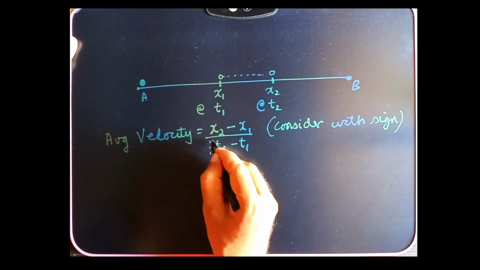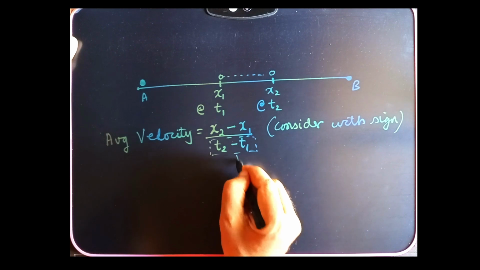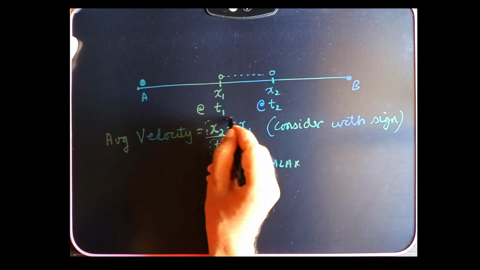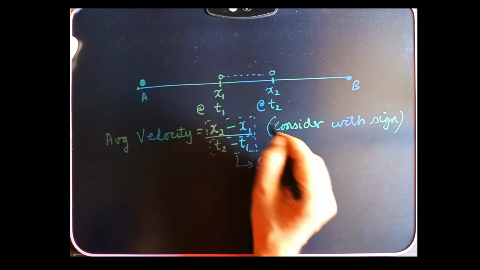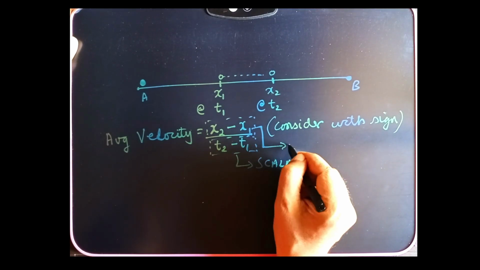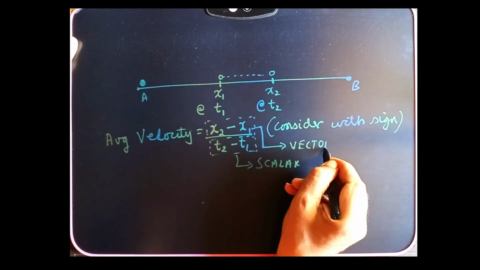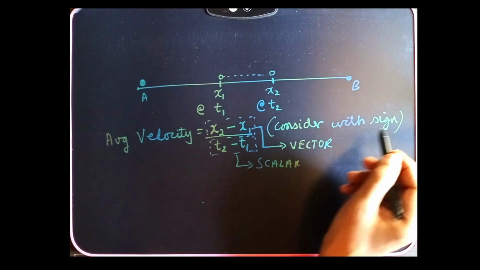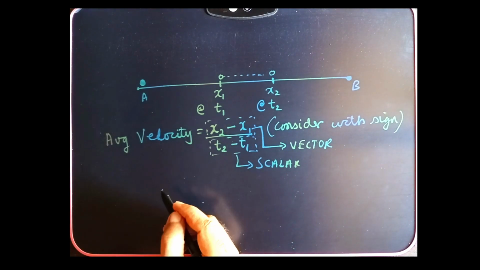The denominator is a scalar and the numerator is a vector. So for any vector, we have to consider the direction. We have to note down the direction by representing x2 and x1 with a sign.